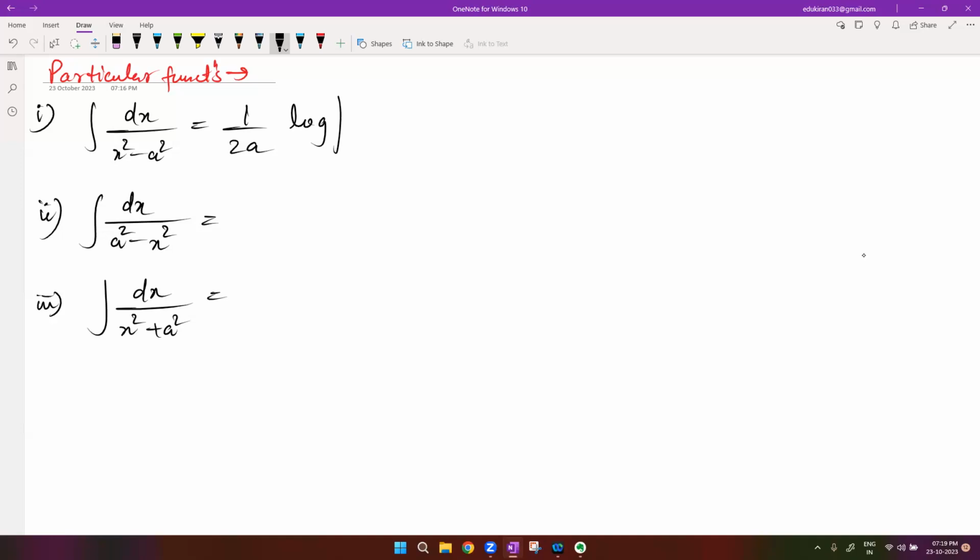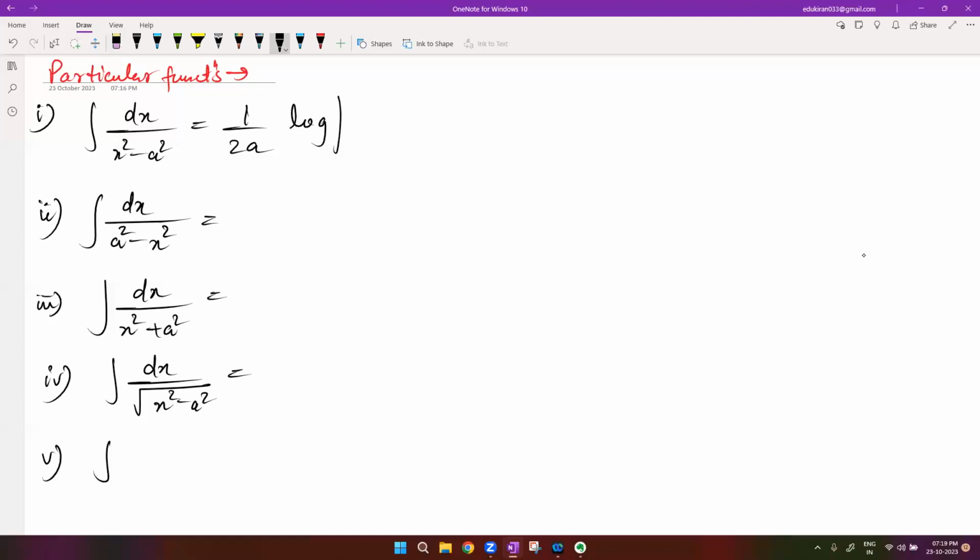And then the third is dx upon x square plus a square. Now the three more expressions are the same only. The only difference is that there will be a root in the denominator. So if your first was dx upon x square minus a square, then it would be dx over root of x square minus a square.